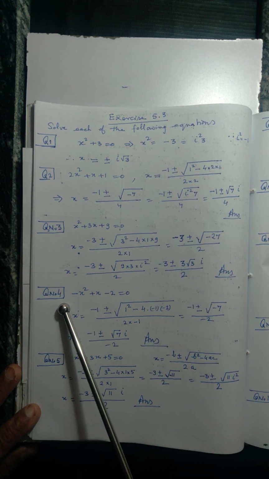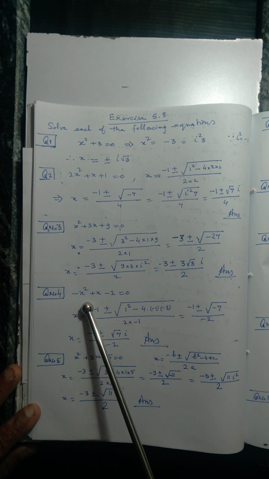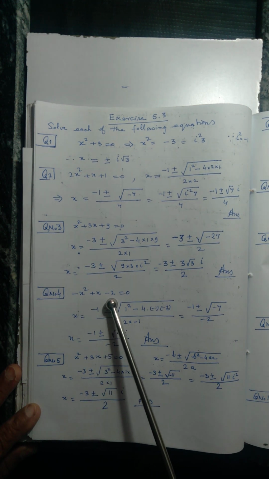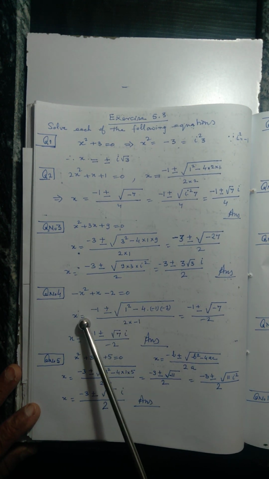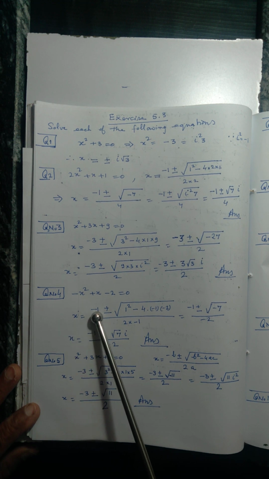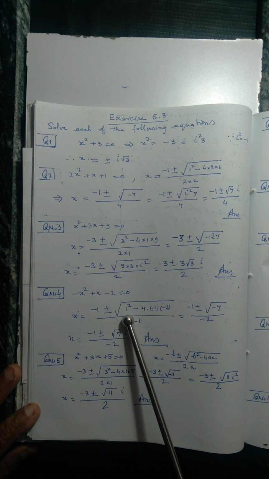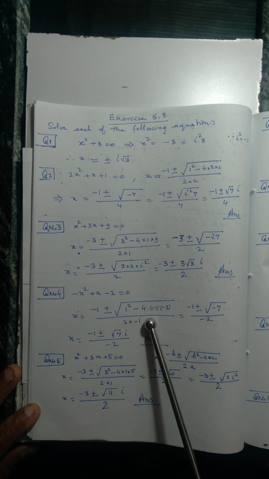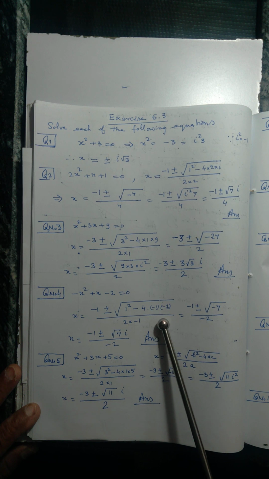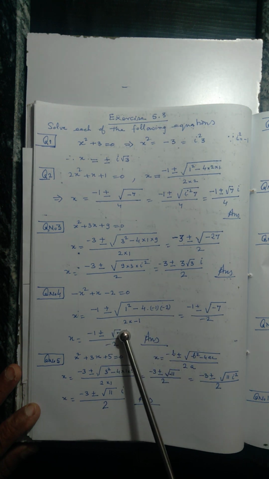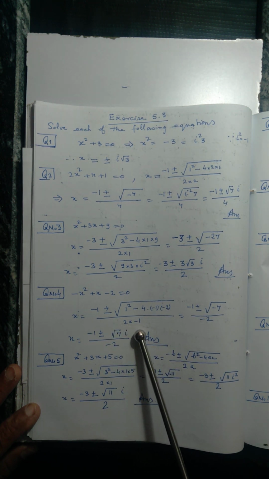Now come to question number 4. Minus x square plus x minus 2 equal to 0. Here x is equal to minus 1 plus minus root of 1 square minus 4 into minus 1 into minus 2, whole divided by 2 into minus 1.